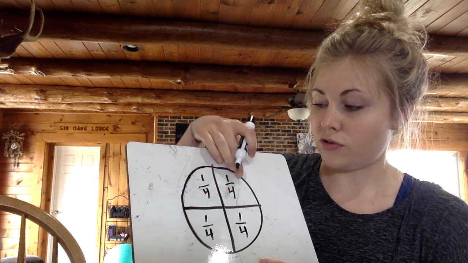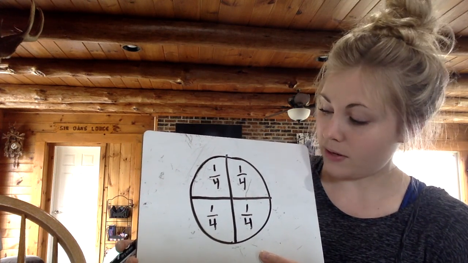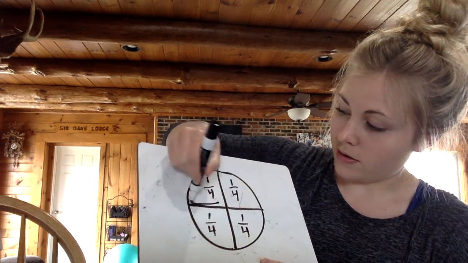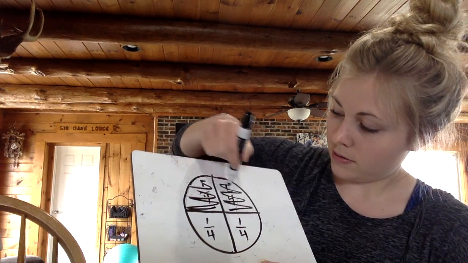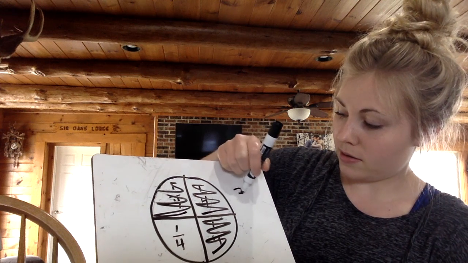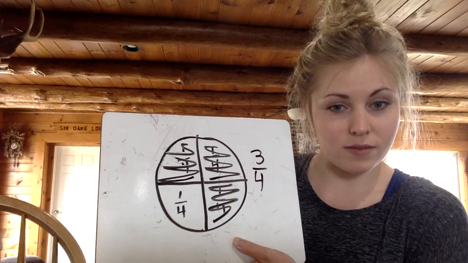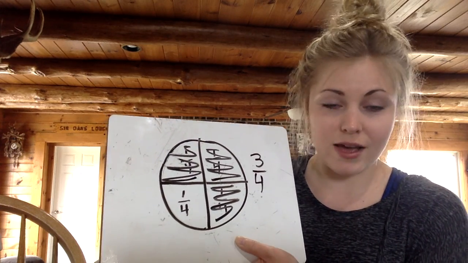And again, if I were to color 2/4, that would be equal to half of my circle. If I colored in 3 parts, that'd be 3/4 colored. I would write it like this. 3/4 are colored. 1/4 is not shaded.